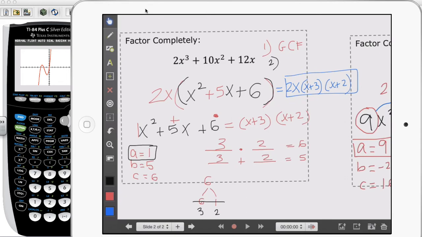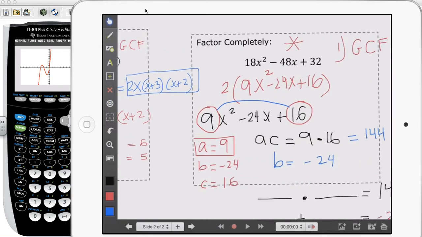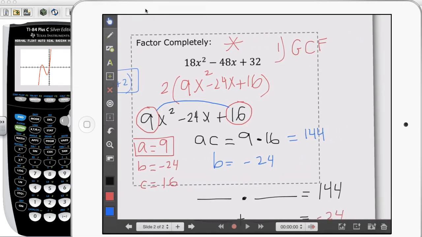If A is 1, you need 2 numbers that multiply to give you C and add to give you the middle number. If A is not 1, you still need to find something that adds up to the middle number always. It doesn't change. But this time, you want them to multiply to give you A times C, so 144.